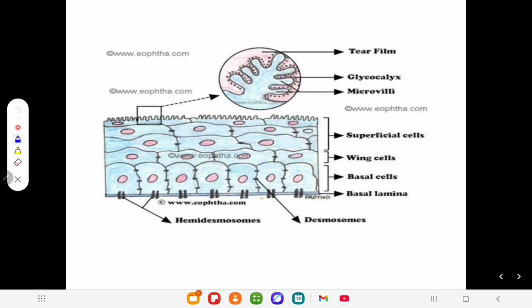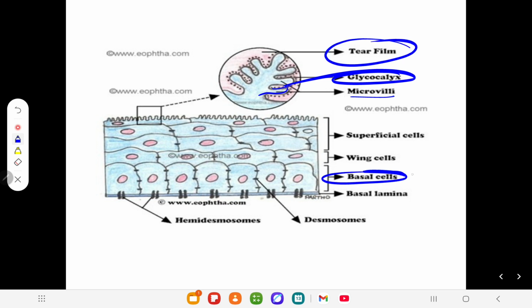So basically, I'm talking about this. This is basically the microvilli, this structure, the villi, and the glycocalyx coating. Can you see the dots, the glycocalyx, in which the tear film is attached. The basal cell also secretes the basal lamella. The middle cell is the wing cell, and obviously there are superficial cells.